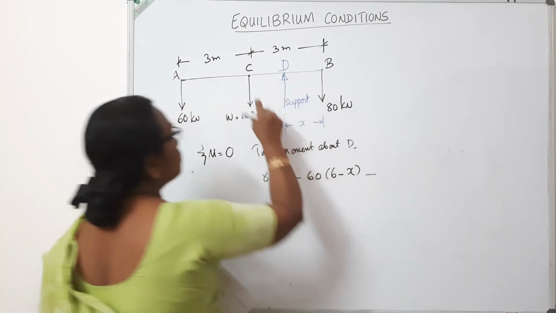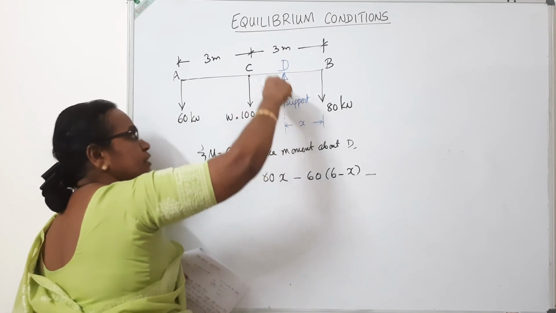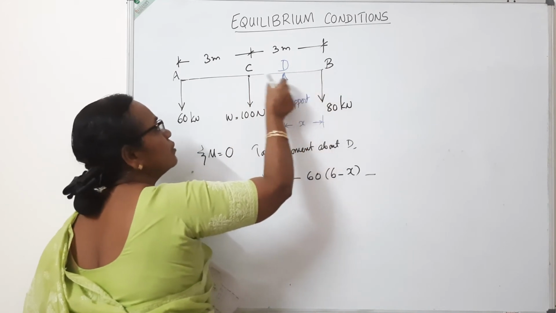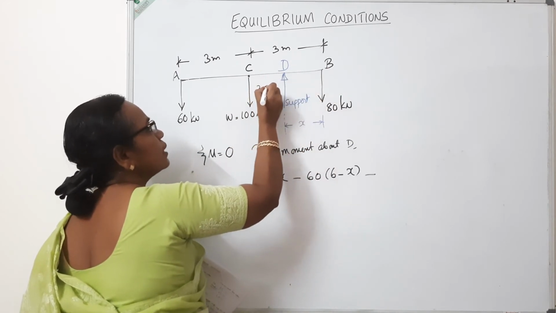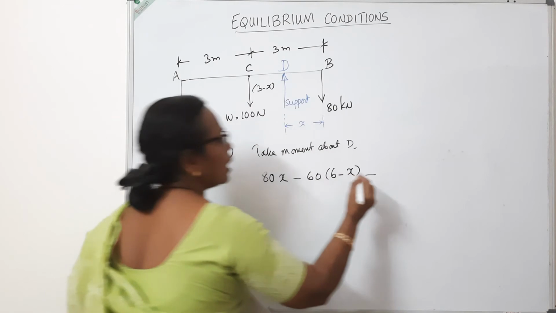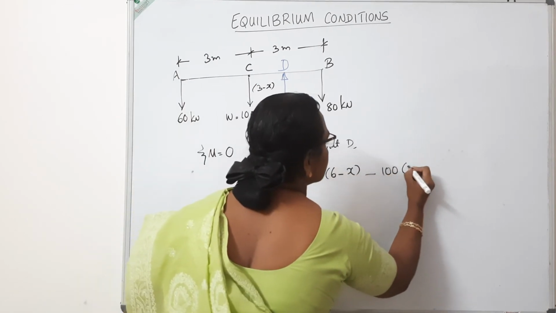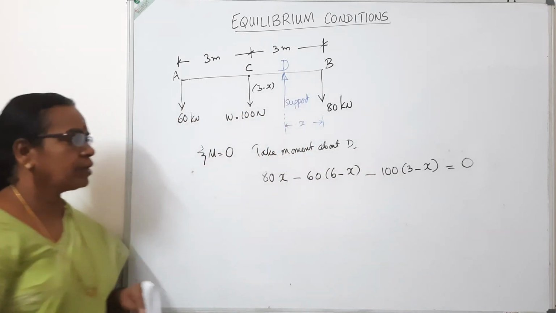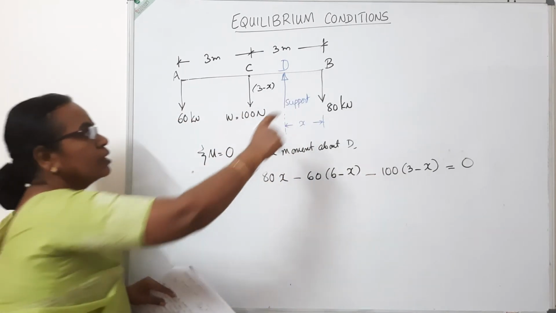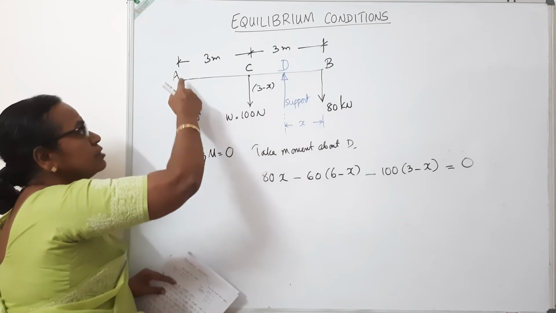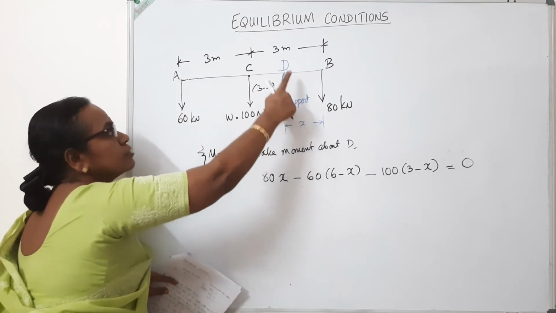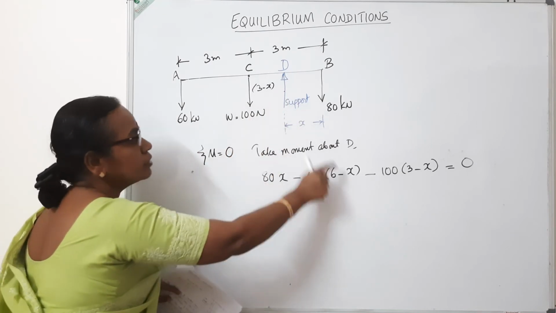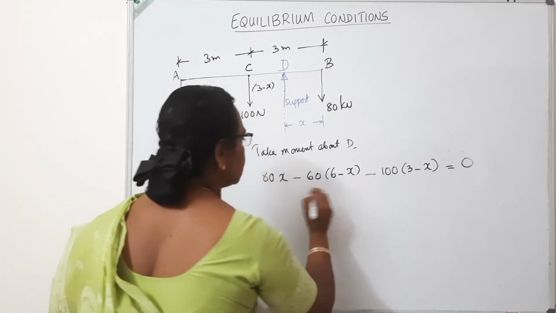Minus, what about this 100? This 100 will also produce an anti-clockwise moment, and this distance will be, this is 3, this is x, so 3 minus x. So 100 into 3 minus x is equal to 0. The equilibrium equation, sigma M is equal to 0: 80 into x clockwise, 60 into 6 minus x, 100 into 3 minus x is equal to 0.